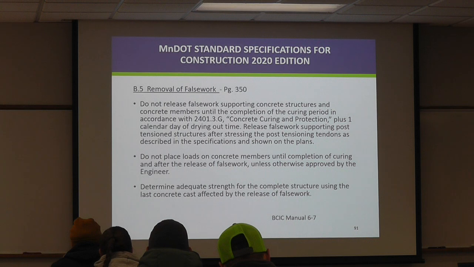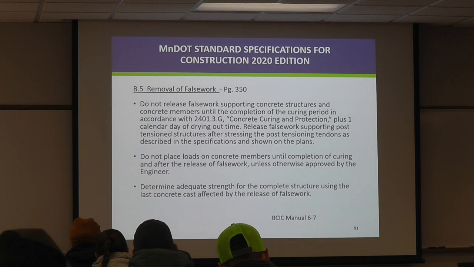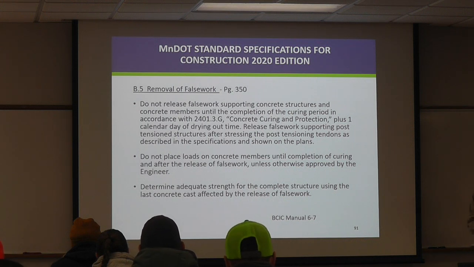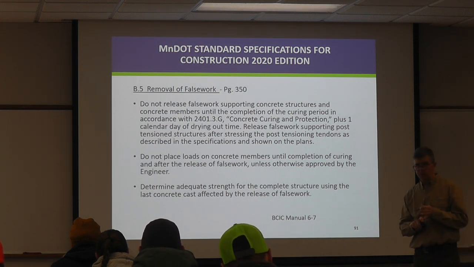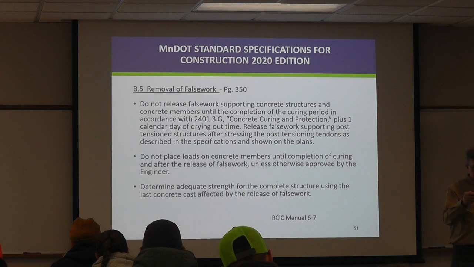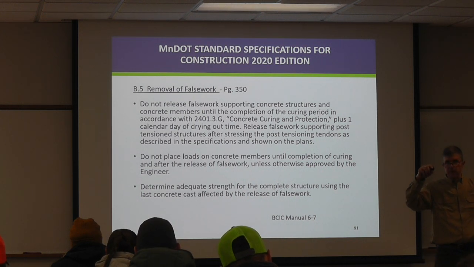Removal of falsework. There are some requirements on page 350 of the spec. And essentially, we always want to ensure that we have full cure, and if we have post-tensioning, that we have our post-tensioning completed. So it would do us no good, like on St. Croix, we cast all kinds of concrete, we had a full box, but we hadn't post-tensioned.